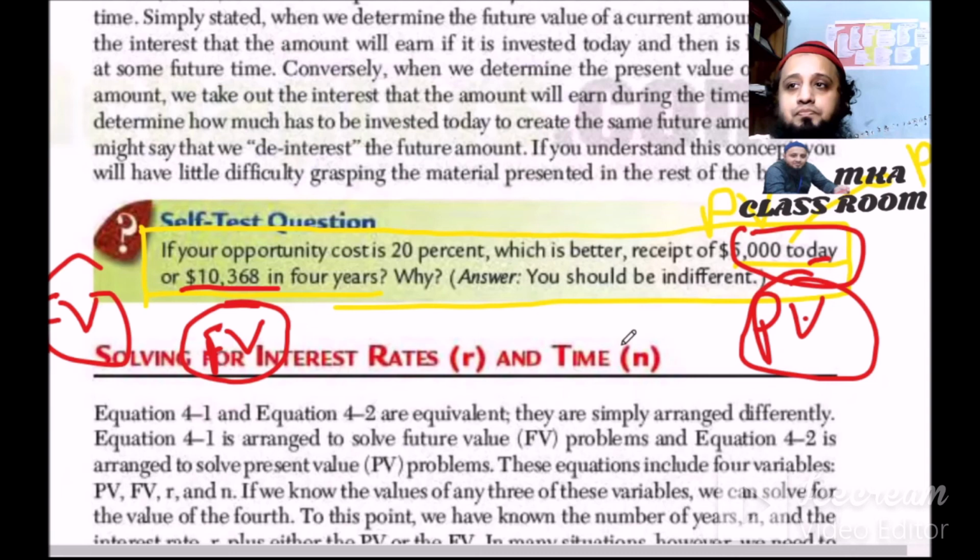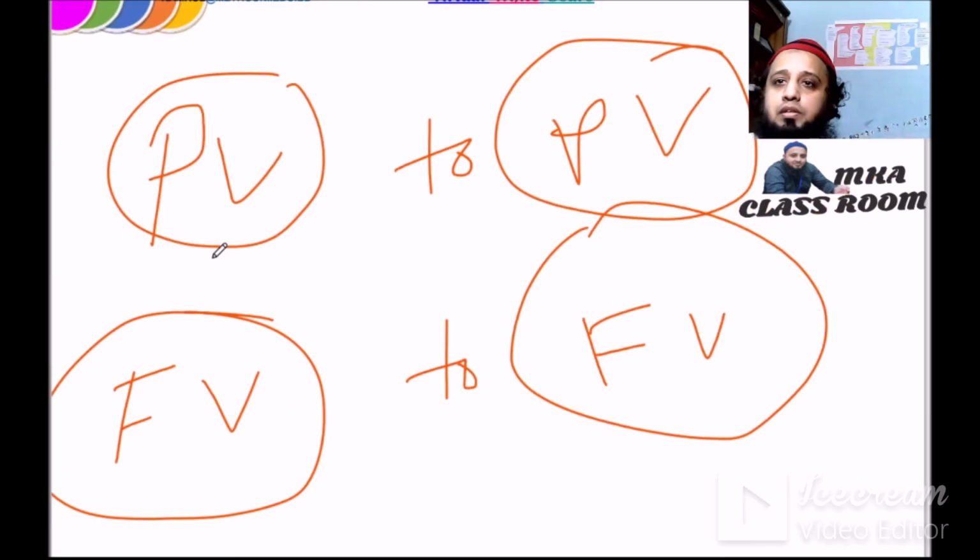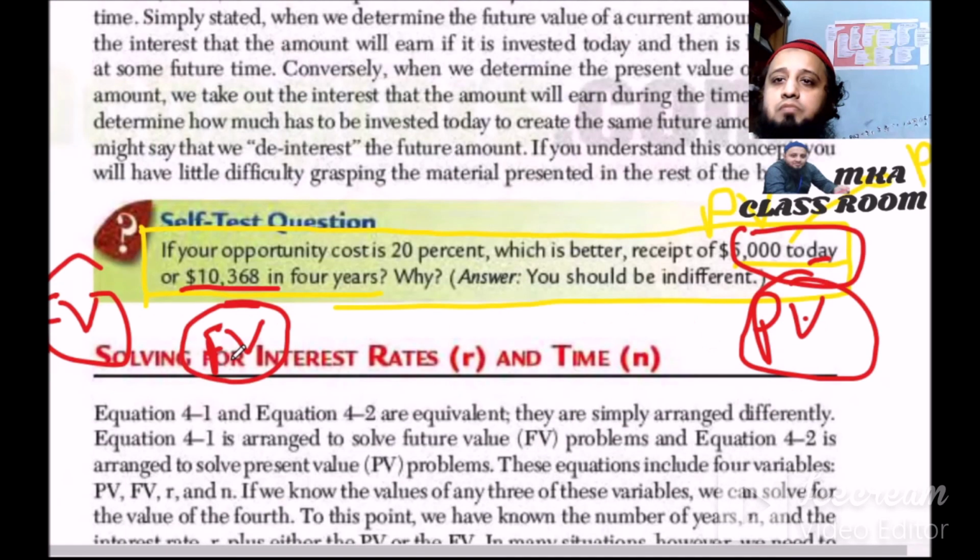Or if we convert the future value to the present value, then we can compare the present values. So, here we will convert this present value to future value, then we will compare future value to future value.